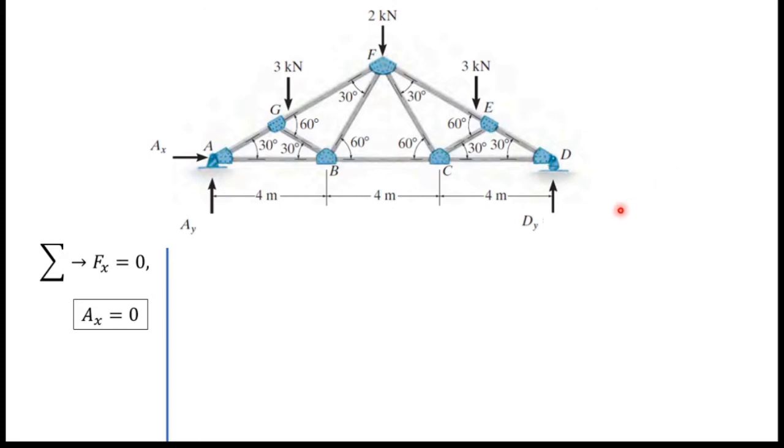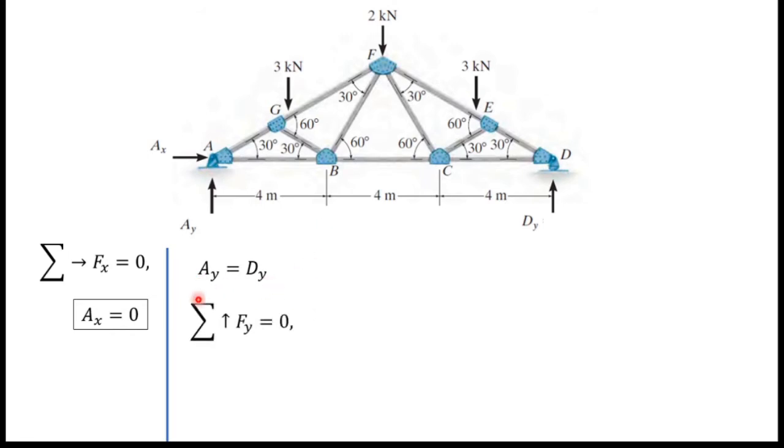So my next task is to find AY and DY, and please keep in mind this is a symmetric truss. So due to this symmetry, I can say AY equals DY.